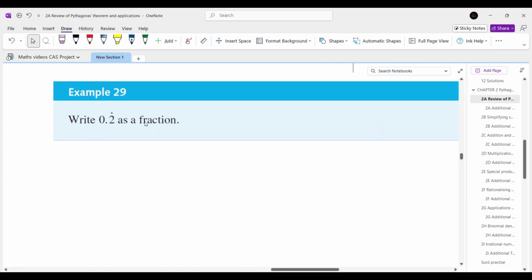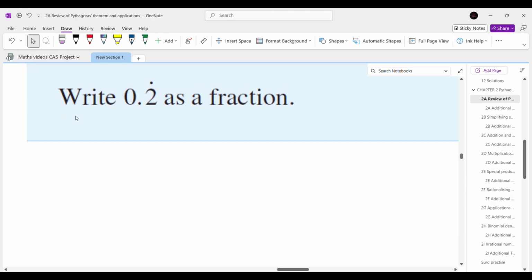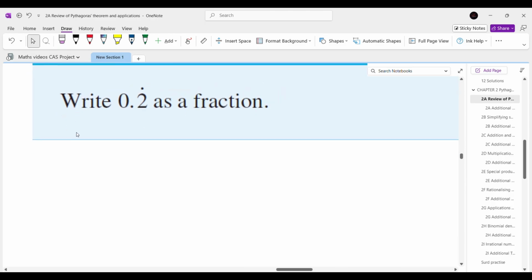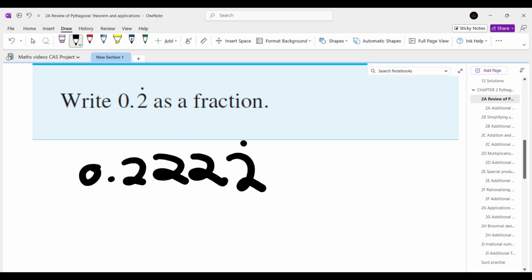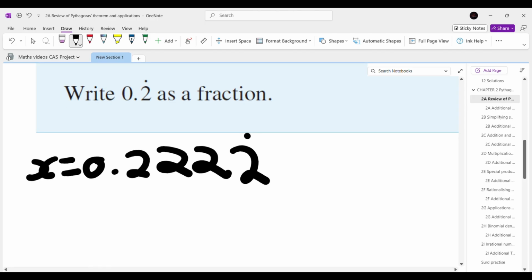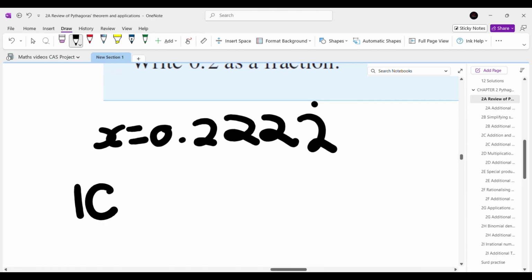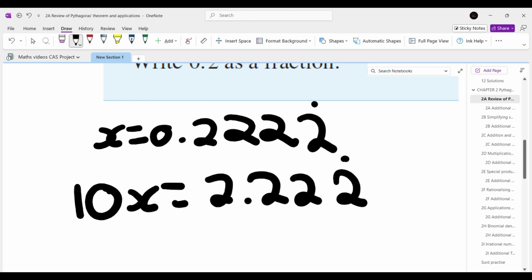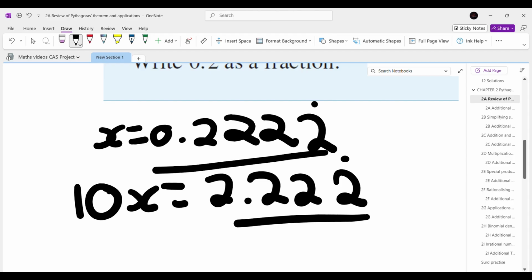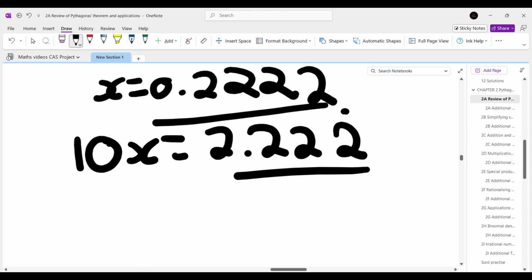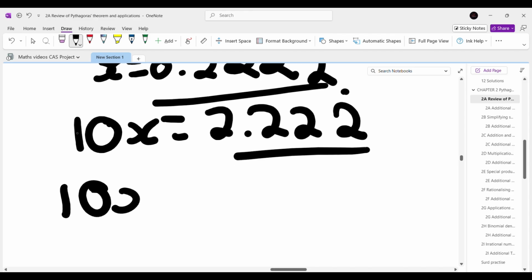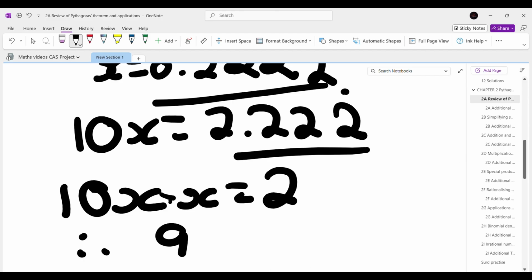In order to convert infinitely recurring decimals to fractions, I'll just show you a quick little trick. So you have 0.2222 recurring. You can treat this as a variable x. 10x will just be 10 multiplied by this, so you just shift the decimal point one place over. And now we can get rid of the 2222 recurring after the decimal point by going 10x minus x, which will just give us 2, therefore 9x equals 2.